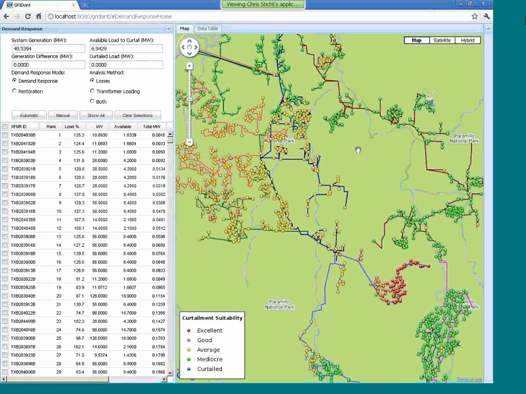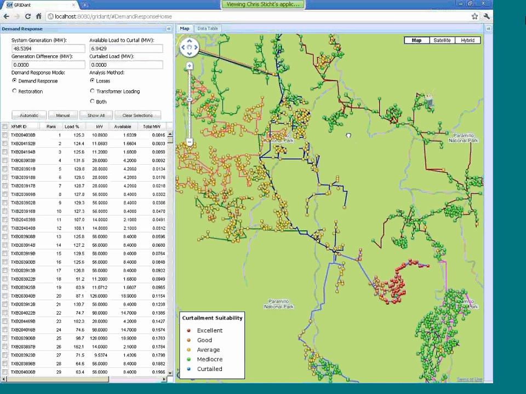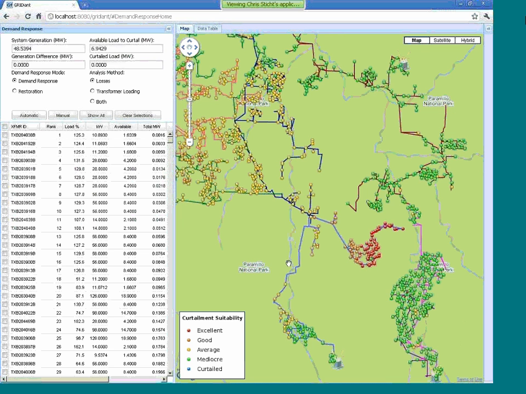The engine sitting behind this tool is called GridFast, and that's what's calculating all these values. It's looking at the losses. I've got a legend down here that says curtailment suitability. Customers with high loss contributions we mark as excellent, with a little red cherry.